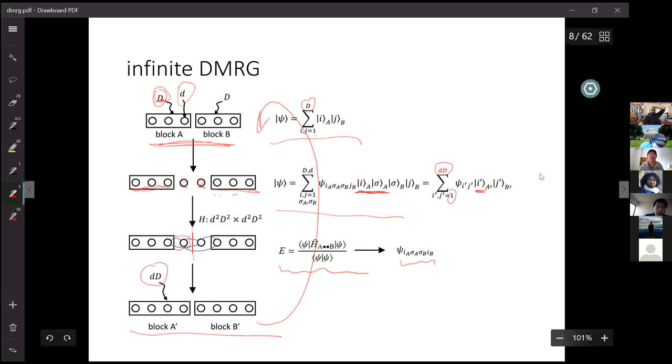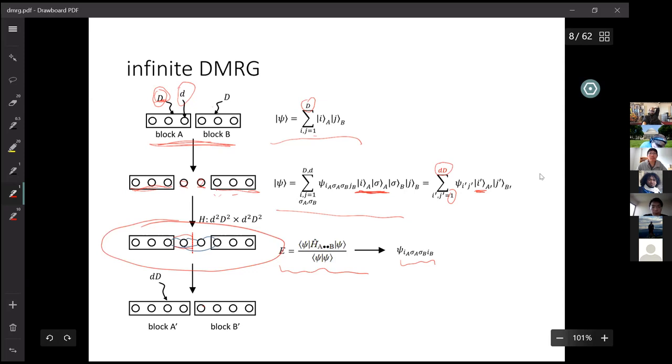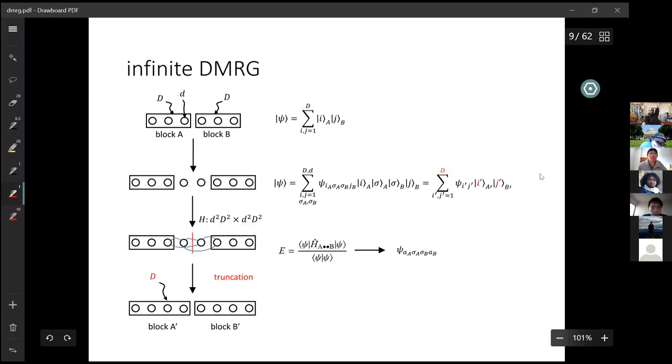So what we do is, when we include the site into the block, we need to do a truncation. So instead of previously, I said keeping little d times capital D states, we always keep capital D states. We need to discard those degrees of freedom that are not so relevant.